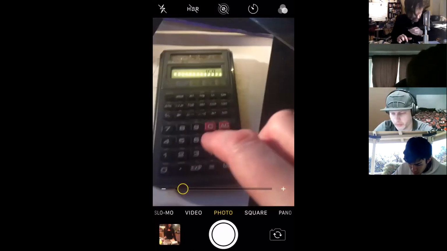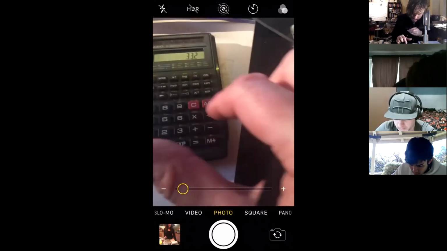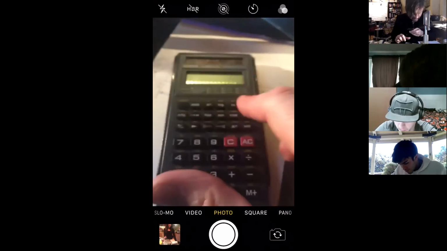Okay, calculate that focal length. 10.8. Now we've got to take the average of these three, add them up, divide by 3. 10.8.